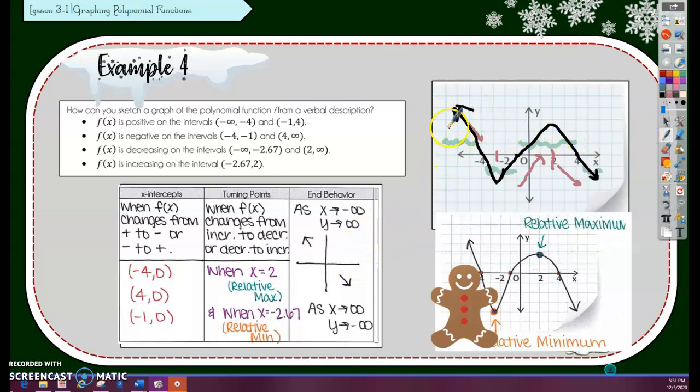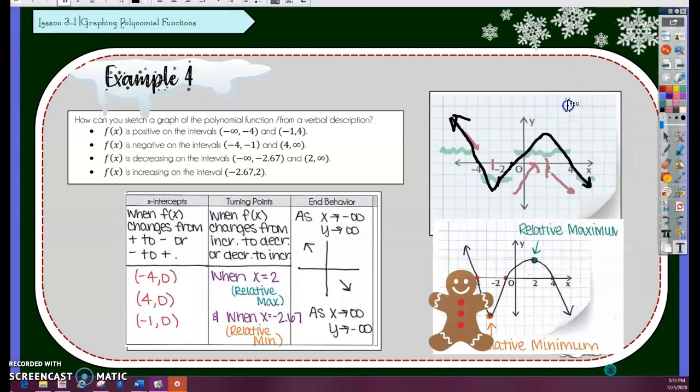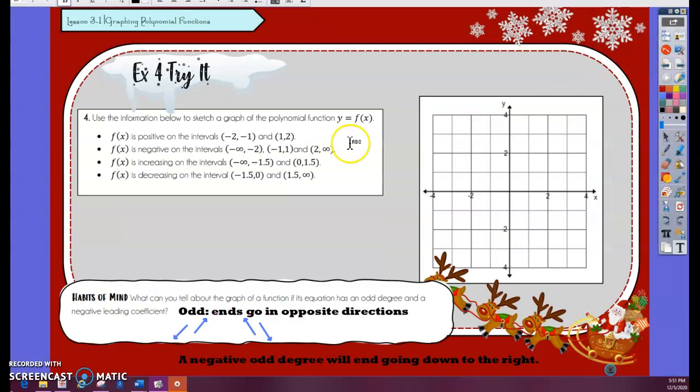Now, because of our end behavior going in the opposite direction and finishing down towards negative infinity, we know this is an odd degree because they're going in the opposite direction, and we know that it would have a negative coefficient because it finishes in the negative here. You'll start to see these patterns and be able to identify what type of polynomial it is just by some of those key features. And that's kind of mentioned here.